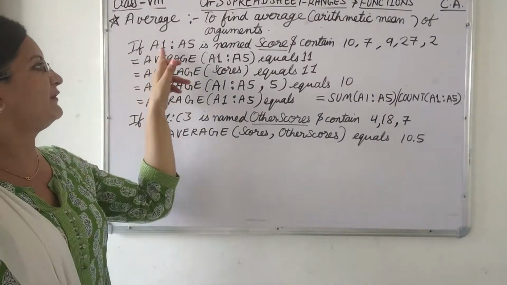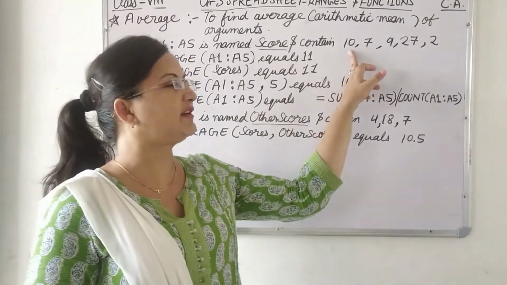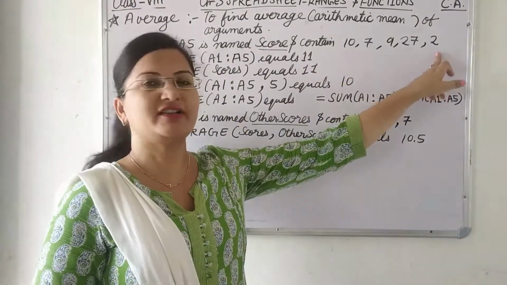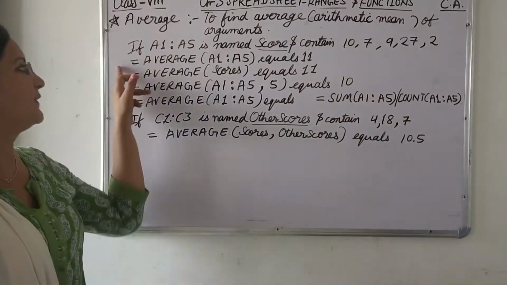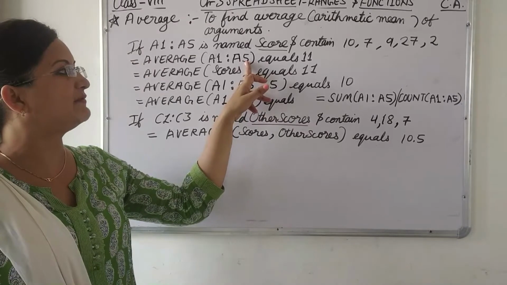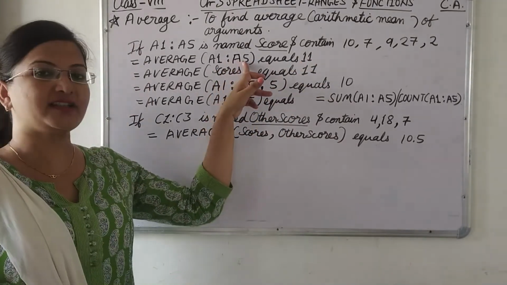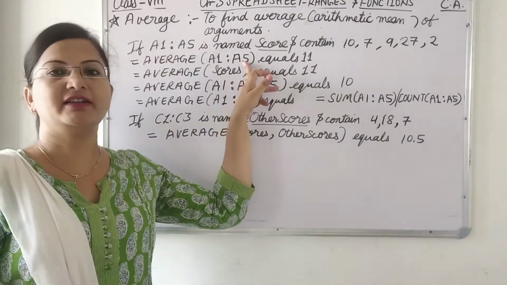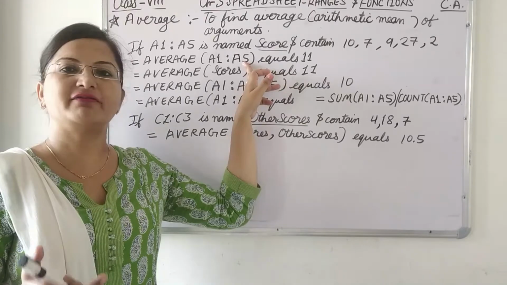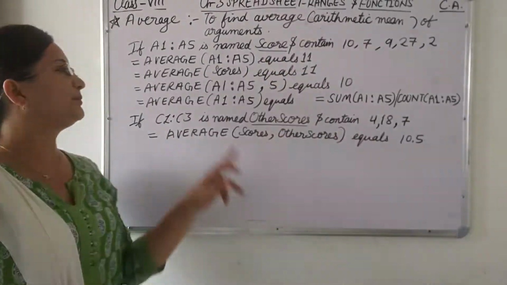If we take cells A1 to A5, that is A1, A2, A3, A4 and A5, and I have found its sum is 55, then the average of A1 to A5 is 55 divided by 5, and that will be 11. It is the sum of these numbers divided by the number of arguments. The number of arguments is 5, so 55 divided by 5 will be 11.